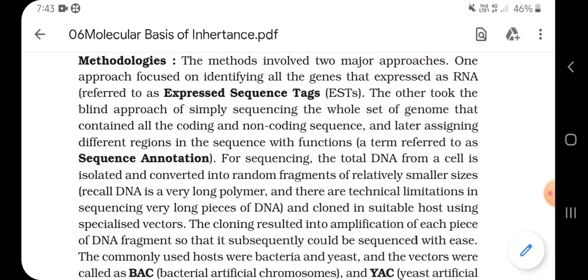The first one was to identify all the genes which were expressed as RNA, that means at the transcription level, and these were referred to as expressed sequence tags, that is the ESTs.